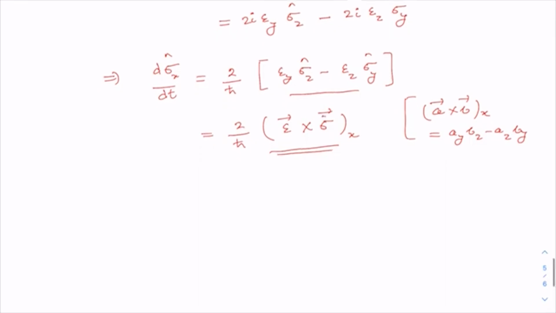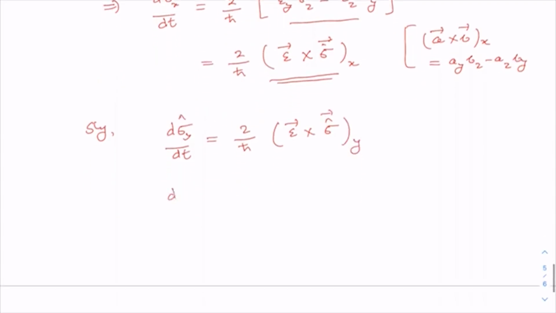Similarly we can get d sigma y by dt is equal to 2 by h cross epsilon cross sigma, the y component, and d sigma z by dt is equal to 2 by h cross epsilon cross sigma, the z component.